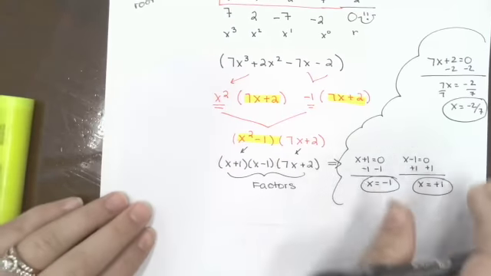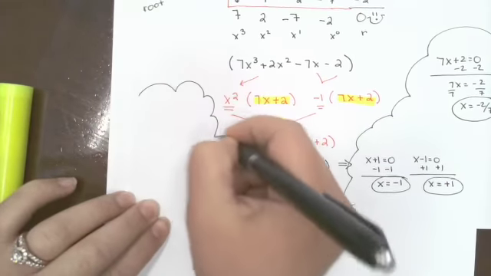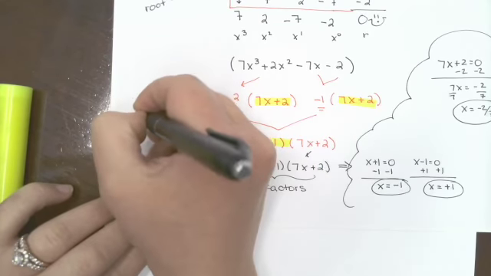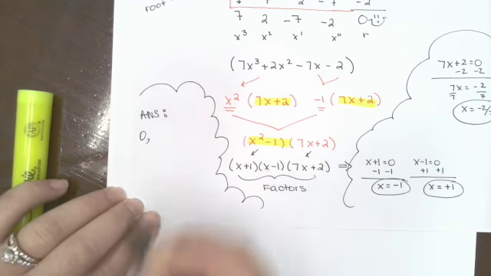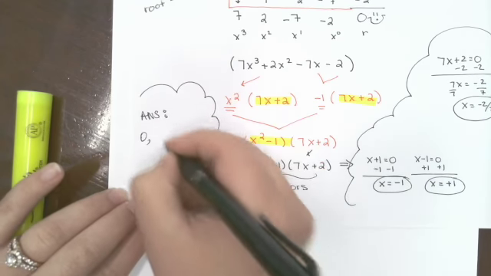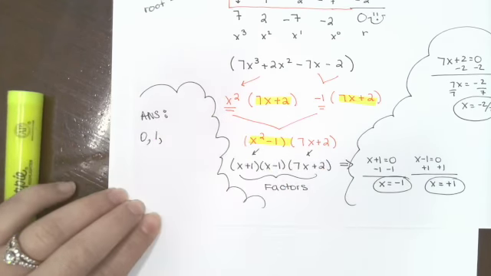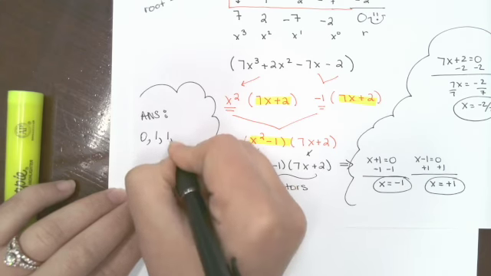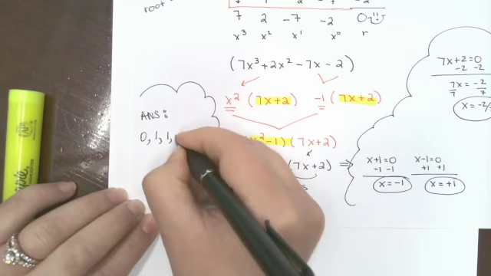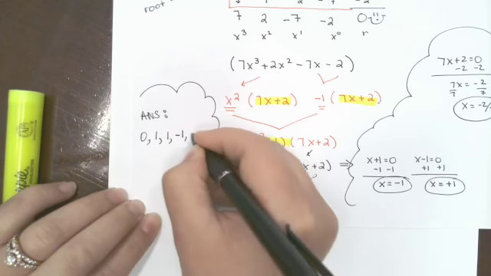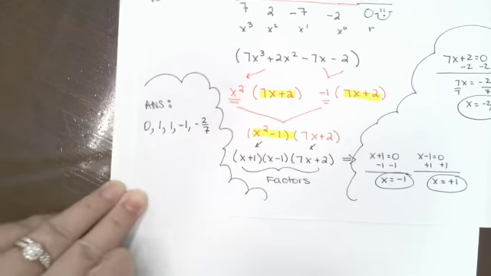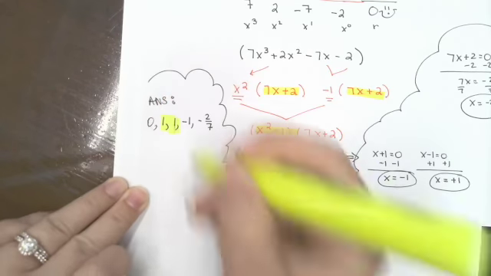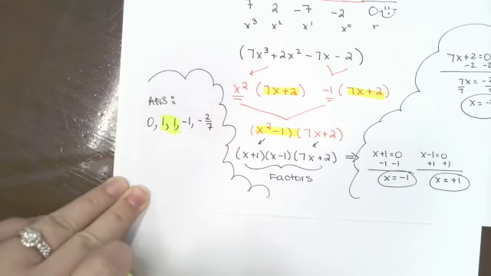So I'm going to write out the answer here in a thinking bubble. We had a 0 as a root. We then found 1 as a root. We then have another 1 as a root. Then we had a negative 1 as a root. And we had a negative 2 sevenths as a root. These two ones right here, this is where you use your multiplicities, your mults.